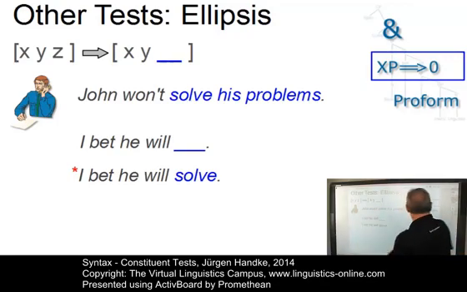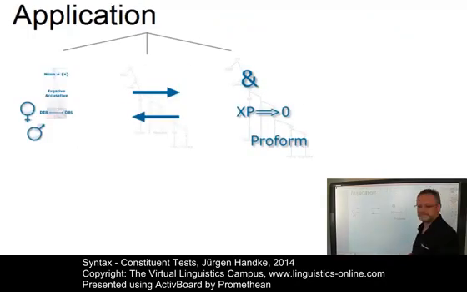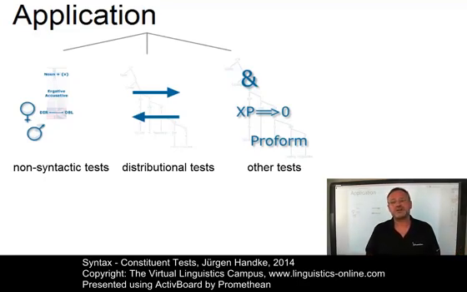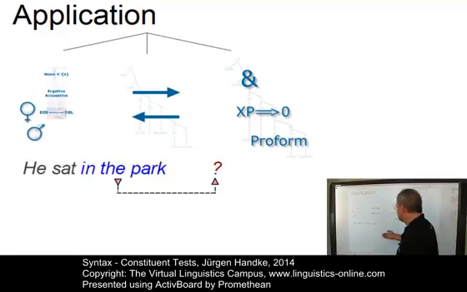Now that we understand how we can find out whether one or several words can be grouped into constituents, and that sentences have a hierarchical structure, we can apply these criteria. However, often not all of these criteria apply. For example, if a string of words is already at the end of a sentence, "he sat in the park", how can we postpose it?